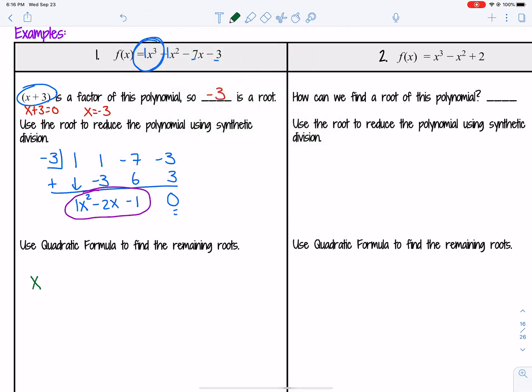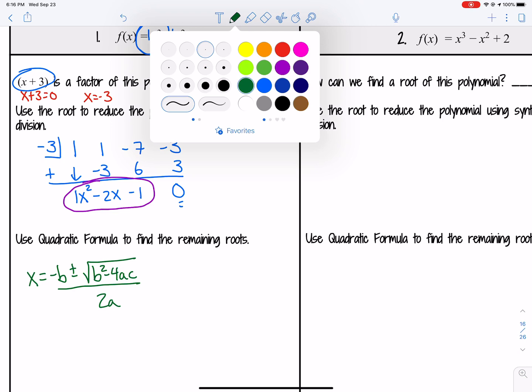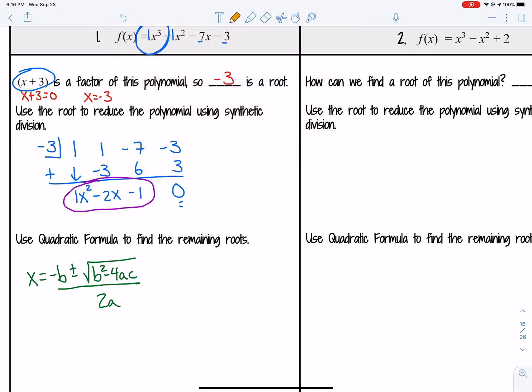Let's write x equals negative b plus or minus the square root of b squared minus 4ac, all over 2a. We plug in our a, which is 1, our b, which is negative 2, and our c, which is negative 1. We get that because standard quadratic form is ax squared plus bx plus c equals 0.